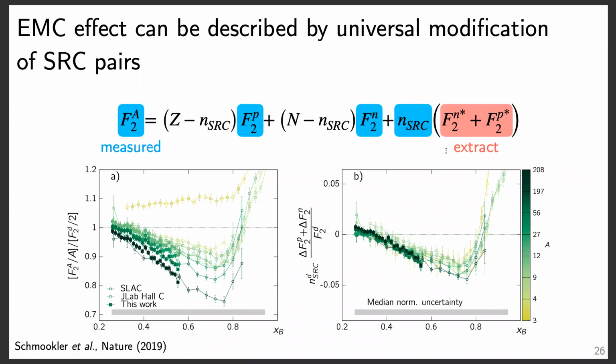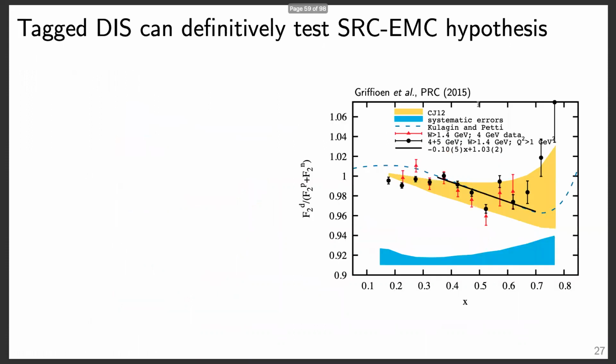If you are an SRC, you have some modified structure function, and you're able to consolidate all of the effects just into these SRC nucleons. So tagged DIS is the first method that can actually definitively test this SRC EMC hypothesis.